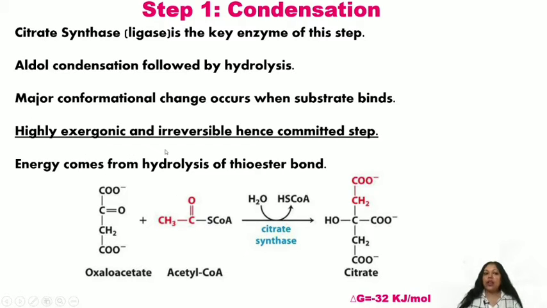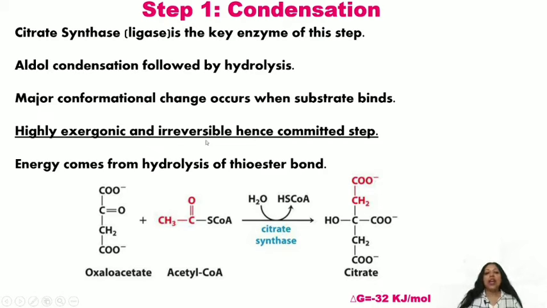Highly exergonic often represents that it is metabolically irreversible, because we have discussed previously that a large negative delta G always represents an irreversible reaction. You cannot go back when you form the product, because the delta G is highly exergonic and negative.